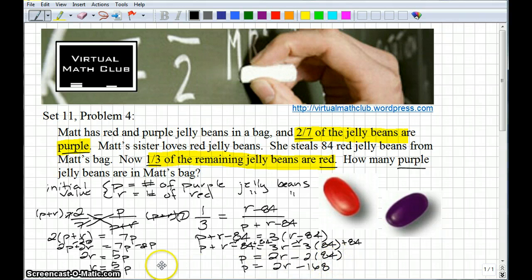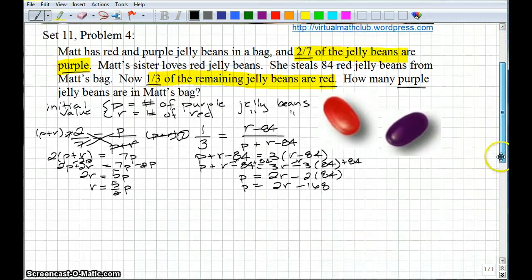So now we have two equations here that are simplified. Let me scroll down and give us some more room. Since I have an expression for r in terms of p, I'm going to take this, which is the same thing as r, and wherever I see r over here, I'm going to replace it with this 5/2 p. And that way I can get an expression in terms of just p. Okay, so this is called substitution.